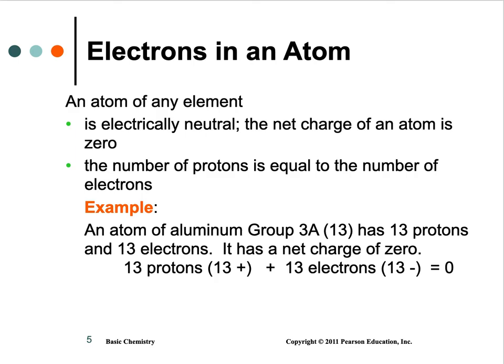Since every element on the periodic table is not charged, that means its positive and negative have to balance. So if there are 14 protons in the nucleus, there will be 14 electrons in the outer shell in order for it to be neutral. It doesn't matter what it is, they will add up to 0. The protons plus electrons will always cancel, so therefore they're going to be equal in number.